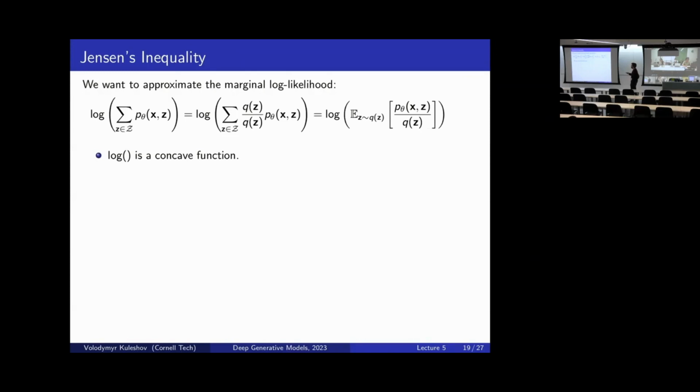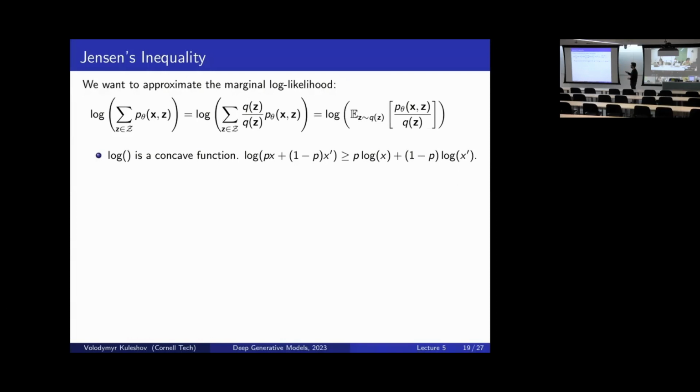Well, we know that log is a concave function, and Jensen's inequality tells us that for any concave function, the log of a weighted average is lower bounded by the weighted average of the logs. Okay, so imagine I have two values, x and x prime, and I want to take some kind of weighted average that's weighted by p.